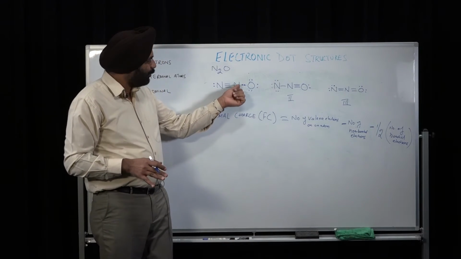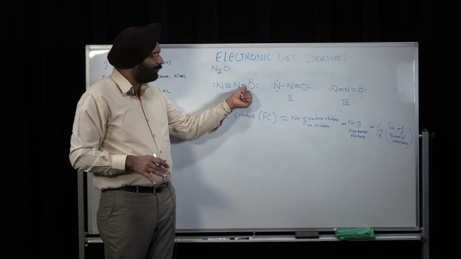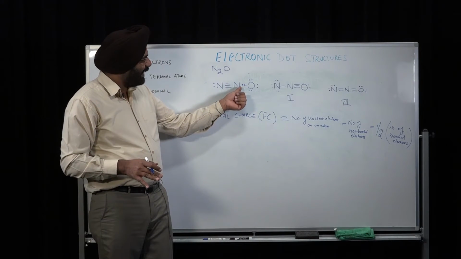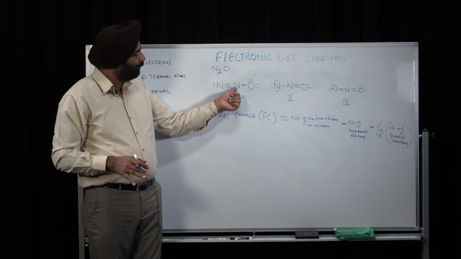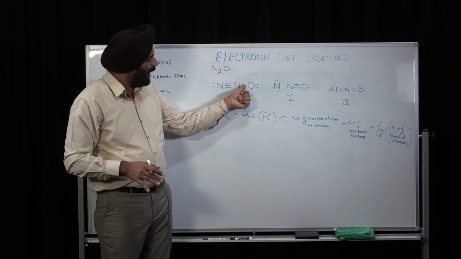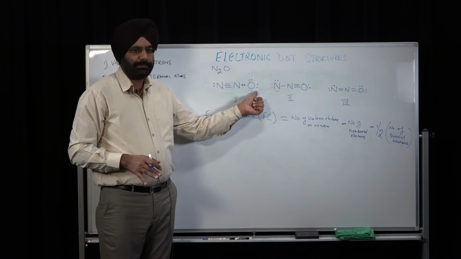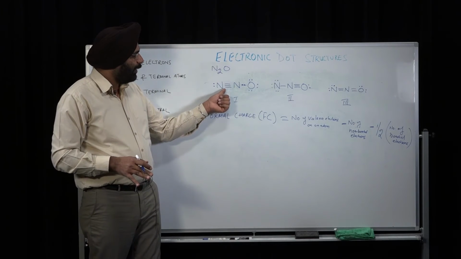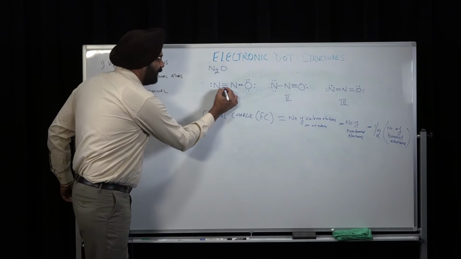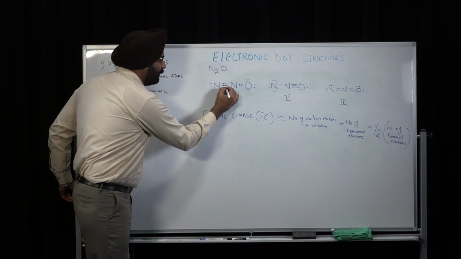So that means if I'm considering these two electrons which are bonded electrons, then half is coming from nitrogen and half is coming from oxygen. Here, how many bonded electrons am I seeing? I am seeing 6 bonded electrons.